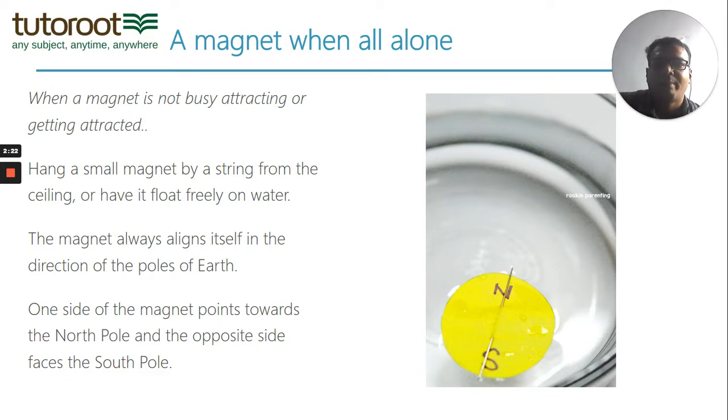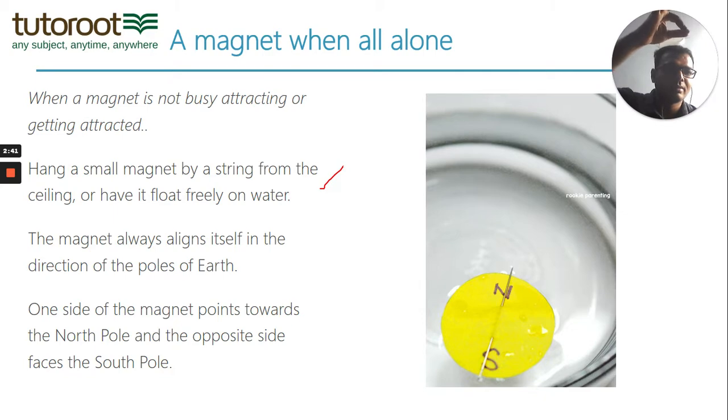Now, a magnet when all alone. When a magnet is all alone and there are no other magnets in and around it which can attract or repel it, how does it behave? There is a small experiment here that we can see. Hang a small magnet by a string from the ceiling.